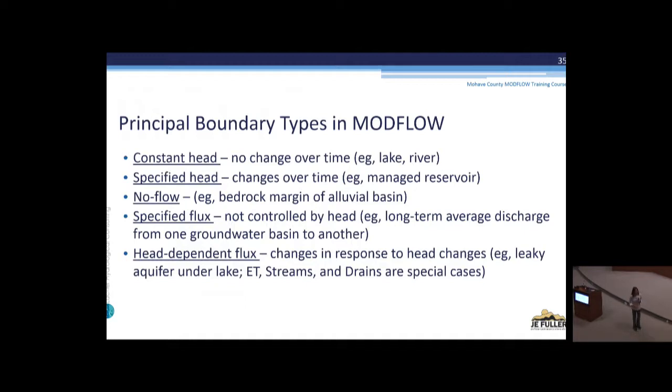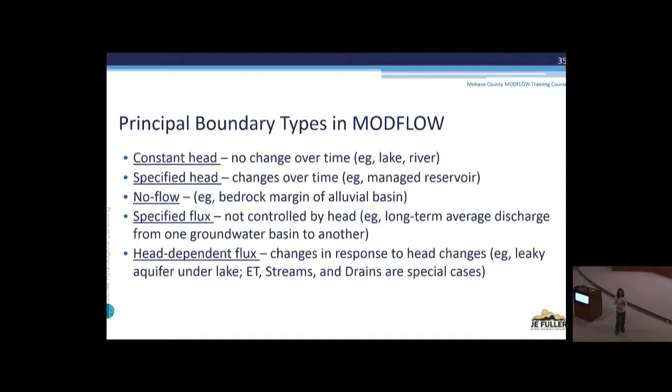So there's a lot of different kinds of boundaries in MODFLOW that you can choose from. And some are, like I said, everybody has a different preference for how to do these things. Some, to me, don't make a lot of sense. But in the case of a very long-term modeling period or a very well-managed lake or river, you might have reason to set up a constant head boundary.